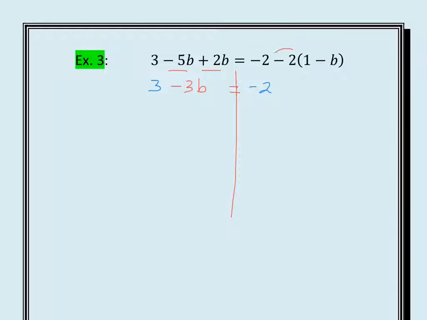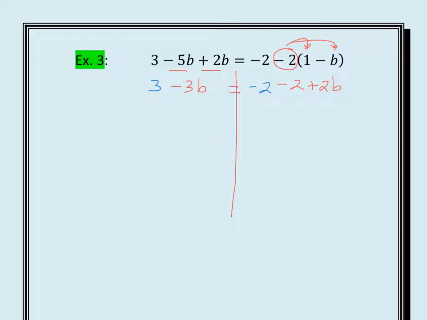However, we're going to distribute a negative 2, not just a 2, but a negative 2 to everything in the parentheses, because this negative belongs to the 2. So negative 2 times 1 is negative 2. Negative 2 times a negative b is a positive 2b. A negative 2 and a negative 2 do not cancel each other out.